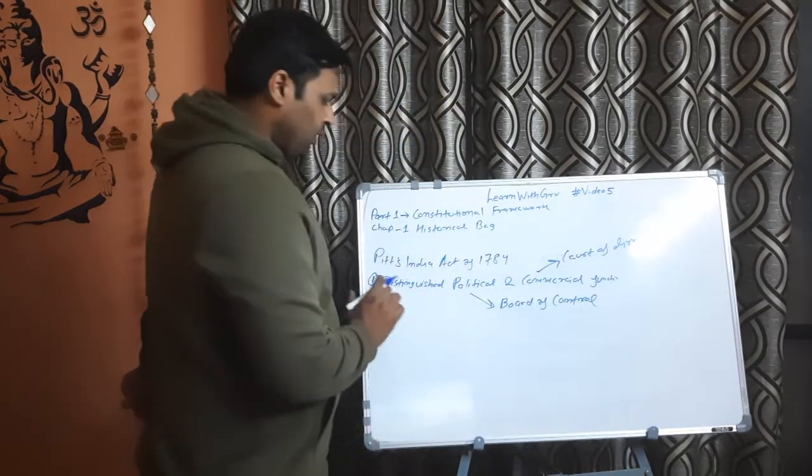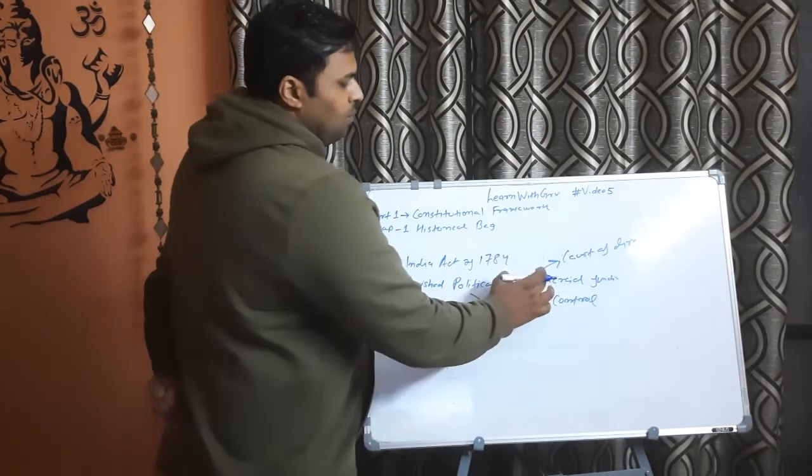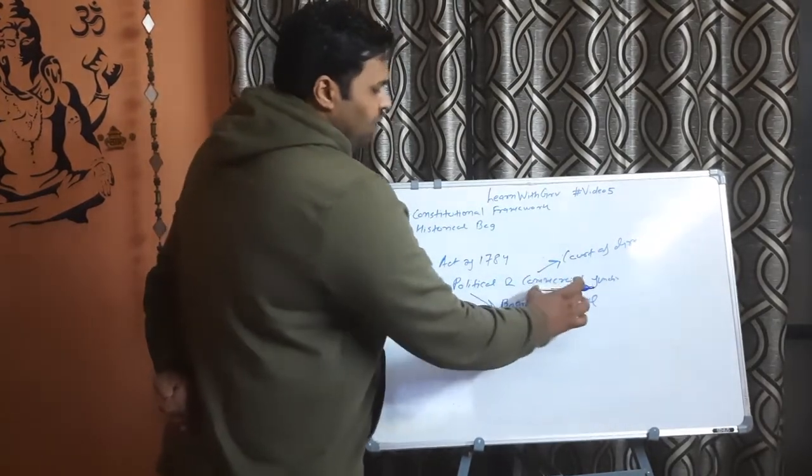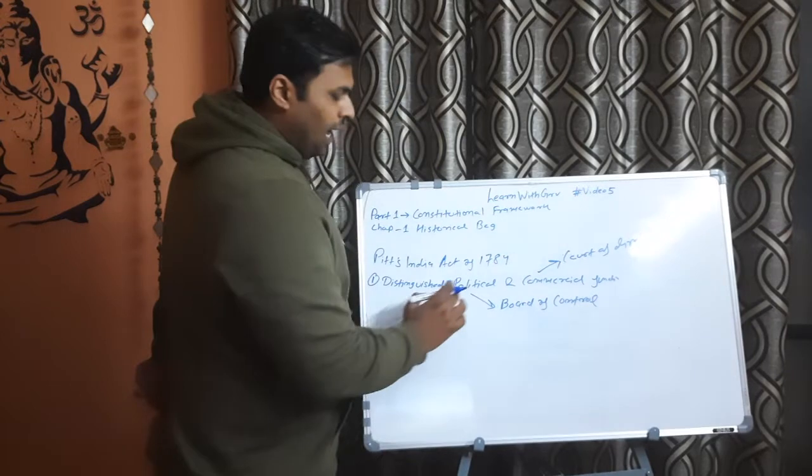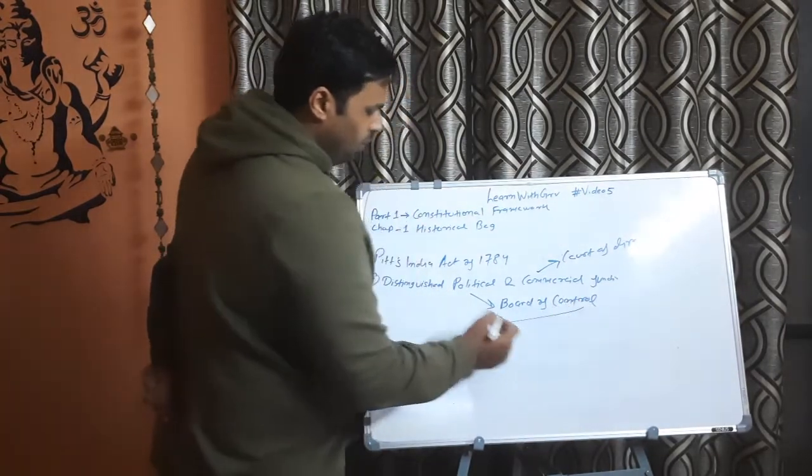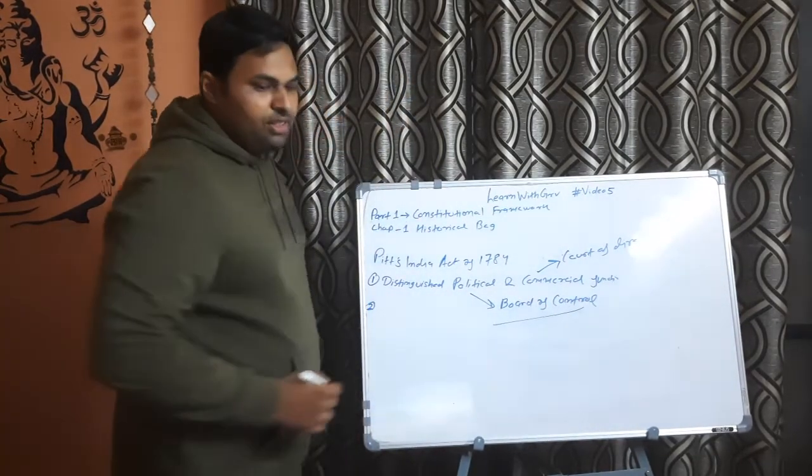So as you can see, it distinguished between the political and commercial functions. Commercial functions were handled by Court of Directors and political functions by the Board of Control. So this was the first feature.